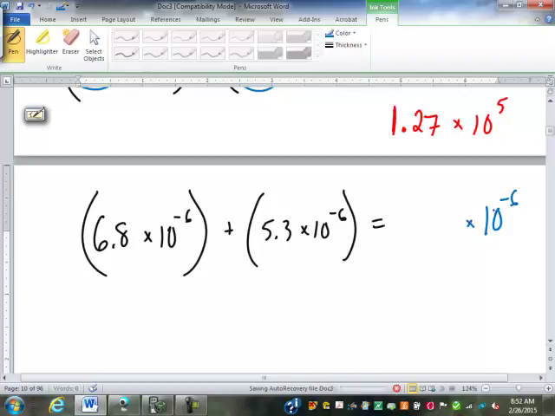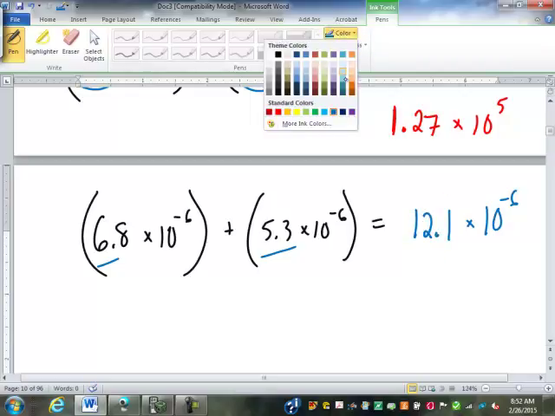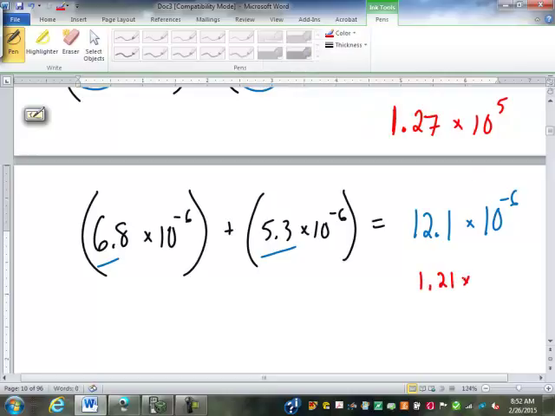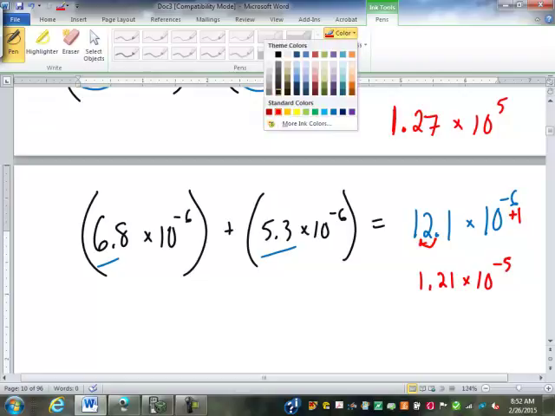Then what do we do? 6.8 plus 5.3 is 12.1. Then what? 1.21 times 10 to the... We add 1. This number got smaller, so this one gets bigger. Negative 6 plus 1 is a negative 5. You got to be careful with the negatives. What are you doing? Trying to confuse you.